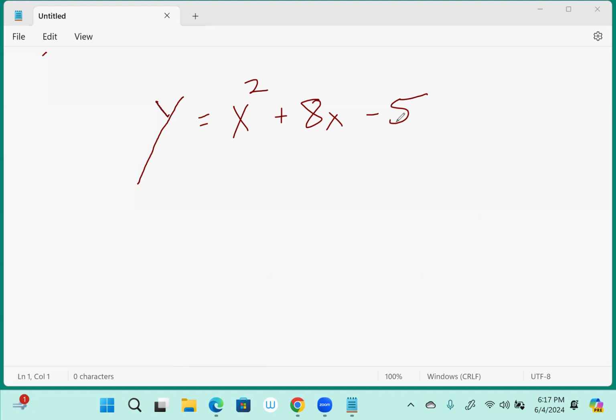So I have two choices. I can use the minus b over 2a to find the x coordinate of the vertex, but there's quite a bit of math in that because I have to solve for minus b over 2a, and then whatever I get for an answer, I have to plug it in for x and then solve for y. So there's a lot of arithmetic to do if you use that method. That one makes more sense in my mind.